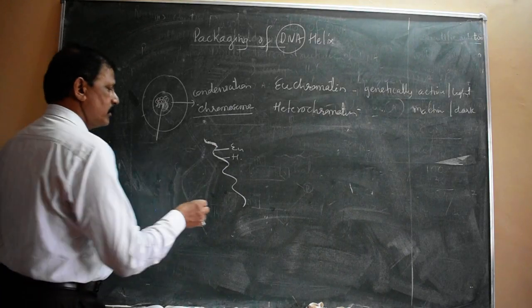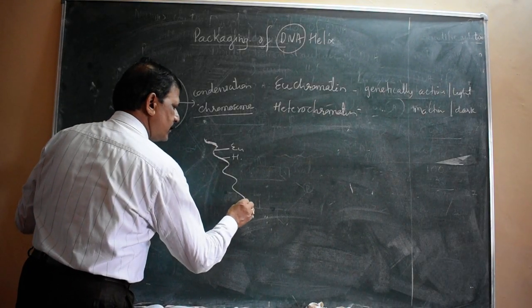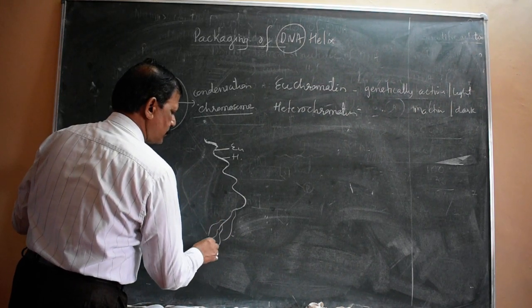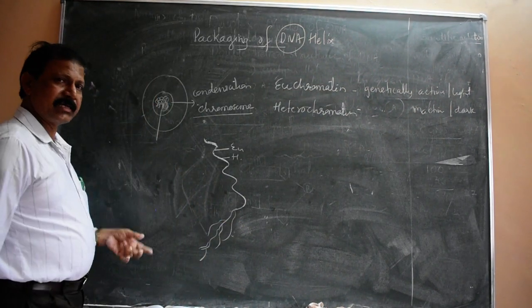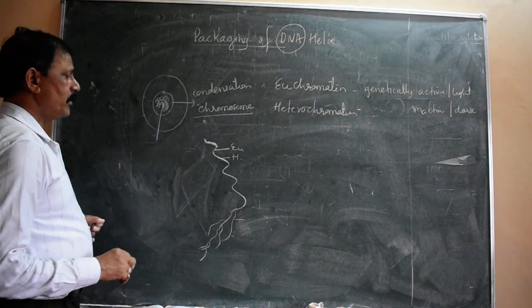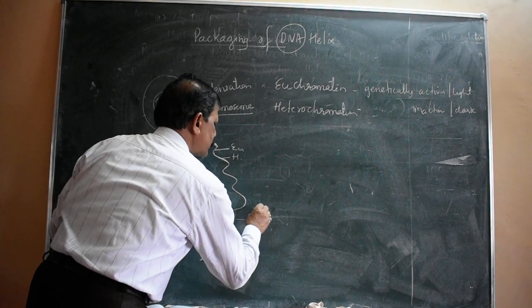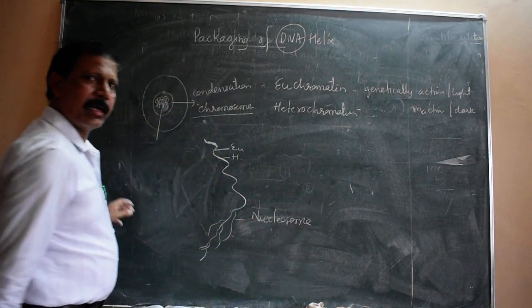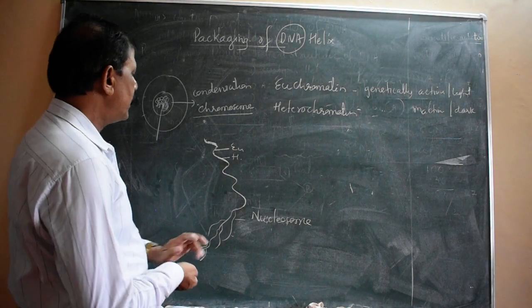If you take out this chromatin, it contains a large number of fiber-like structures, and the structural and functional unit of chromosome is called nucleosome. The structural and functional unit of chromosome is called what?